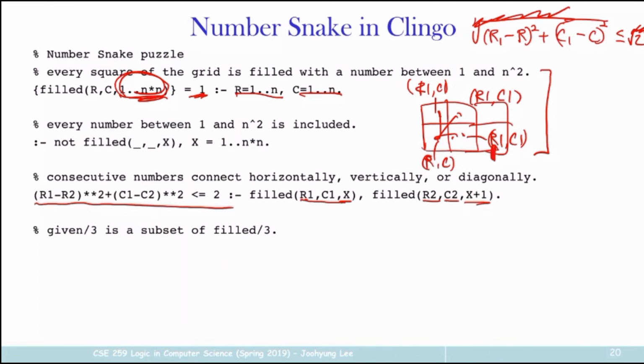So only the nearby places, connected horizontally, vertically, or diagonally, will satisfy this equation. If that is the case, then these numbers should be consecutive to each other. This is a bit complex because it uses some mathematical equation. It's okay when you write a program that you don't always have to write succinctly. You can try to be a bit verbose if you can understand it better, and that's fine.